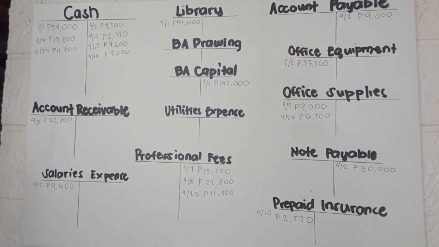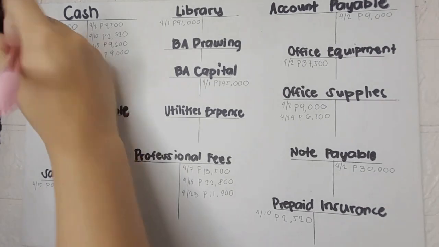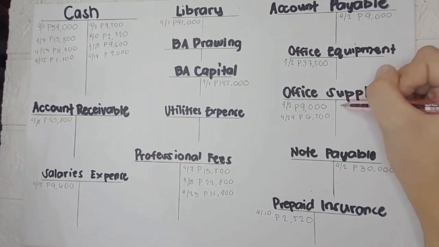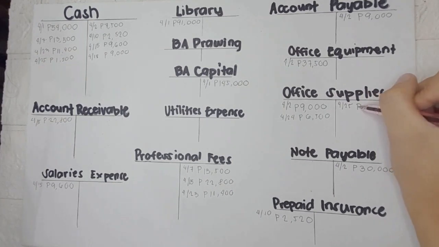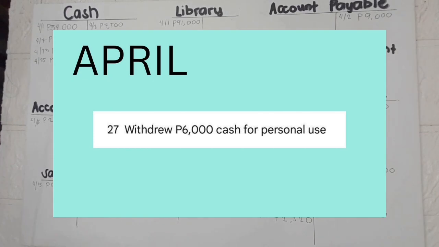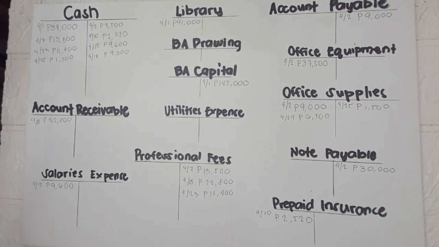So, the account titles will be office supplies and cash. On April 27, withdrew 6,000 cash for personal use. So, the account titles will be BA Drawing and Cash. The 6,000 cash will be on the credit side, and the 6,000 BA Drawing will be on the debit side.